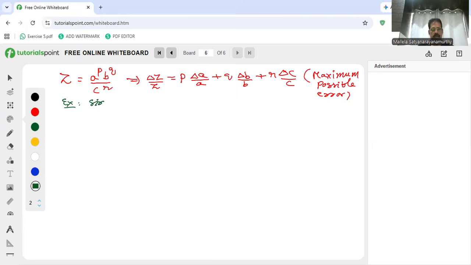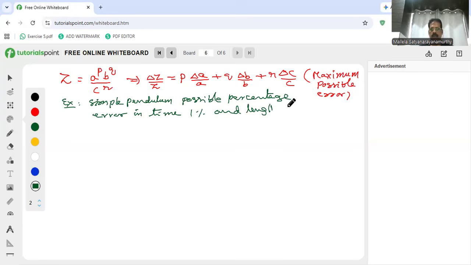If you take a simple pendulum, the possible percentage error in time is 1% and in length 2%.